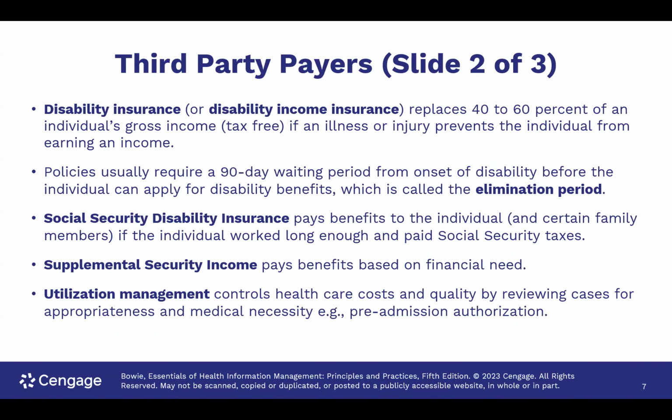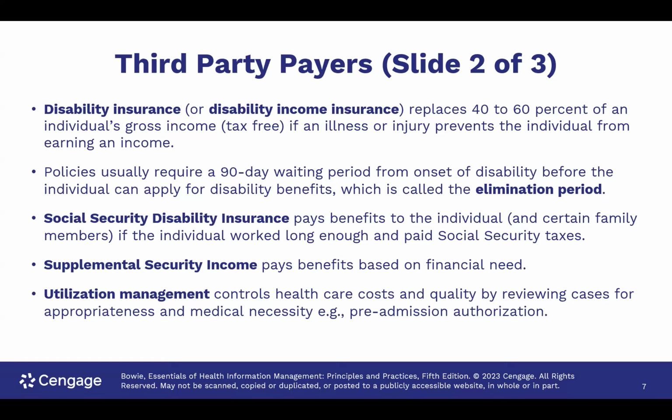Disability insurance or disability income insurance replaces between 40 and 60% of an individual's gross income tax-free if an injury or illness prevents that individual from earning an income. Policies usually require a 90-day waiting period from the onset of a disability before an individual can apply for disability benefits, meaning the elimination period.